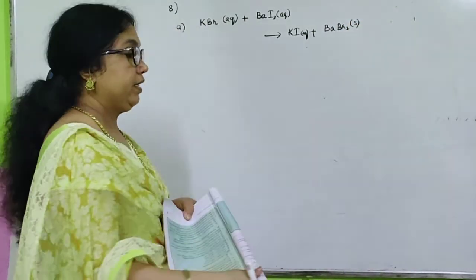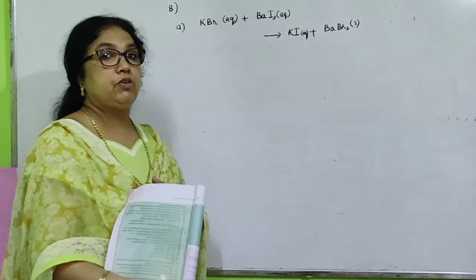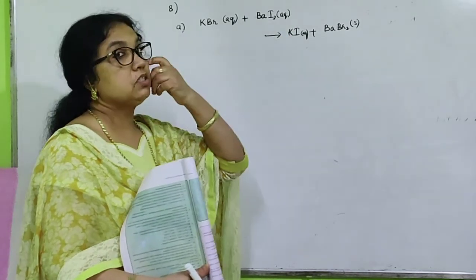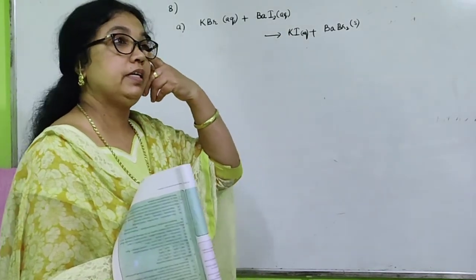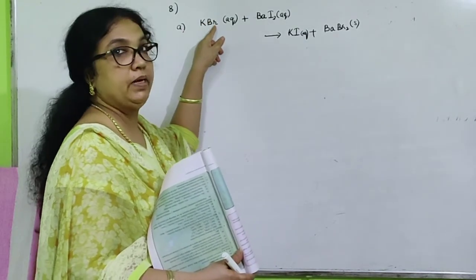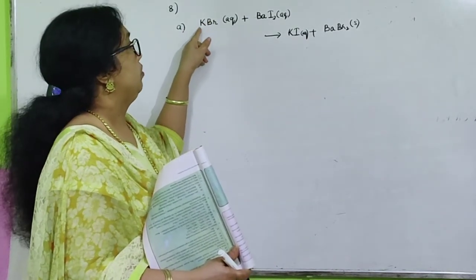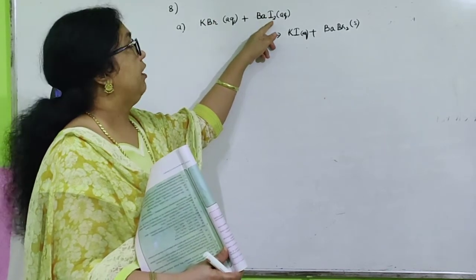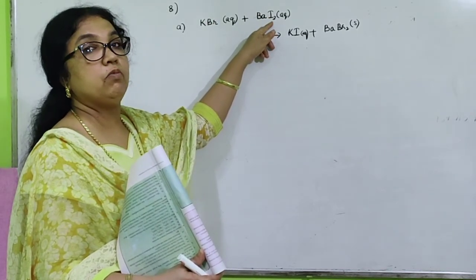I have already explained how to write the formulas. By looking at the valencies you can understand; you have already learned this in 9th standard. Potassium is +1, bromine is -1, so KBr. Barium is +2, iodide ion is -1.